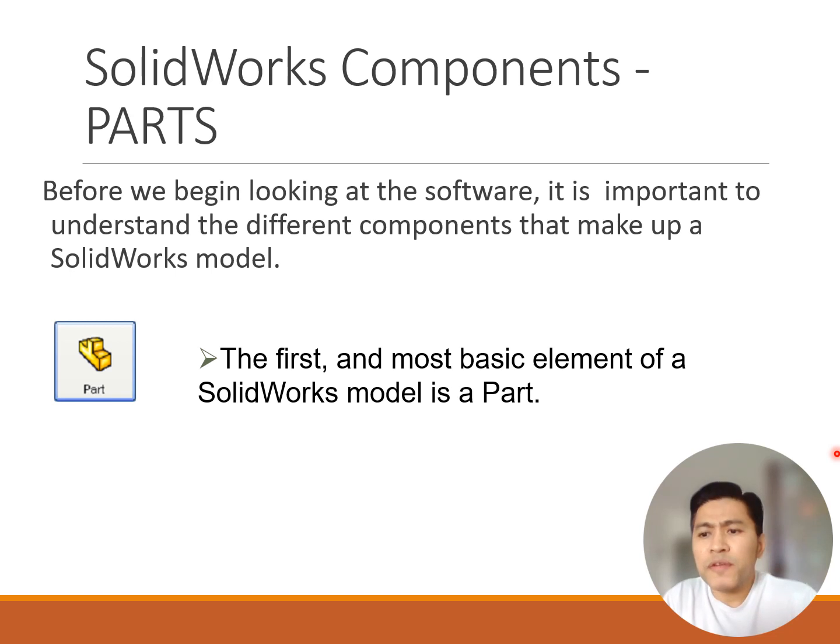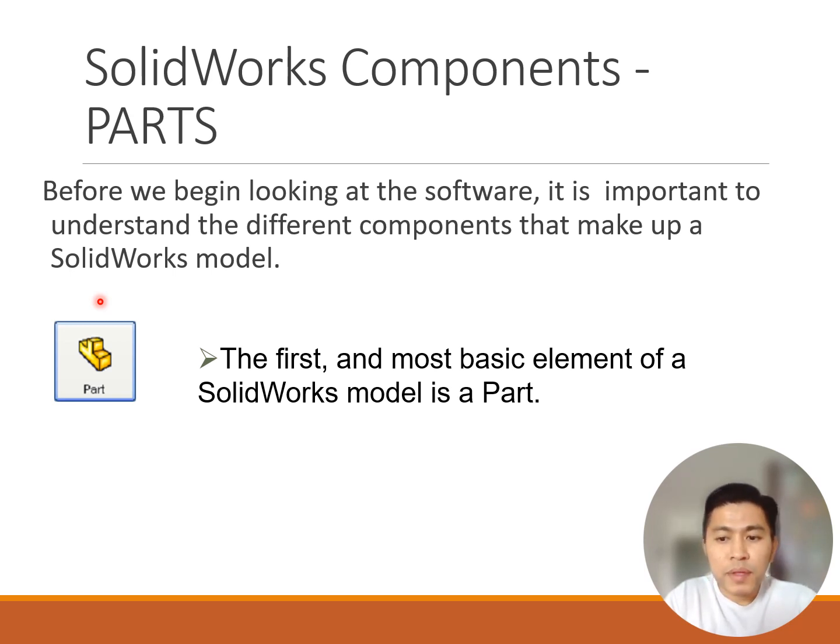SolidWorks is structured in three basic types. We have part mode. Part mode is the basic building block in this software. For example, we must create a part before we can create an assembly.